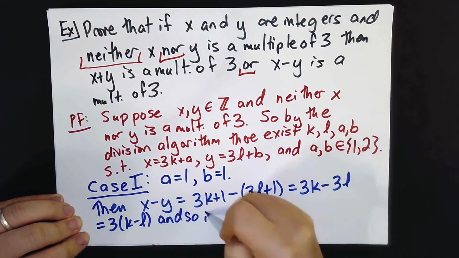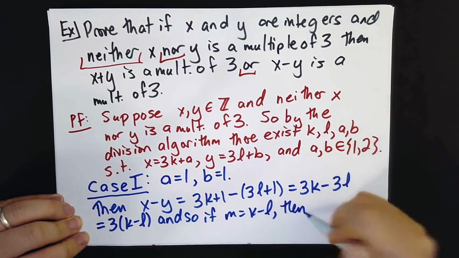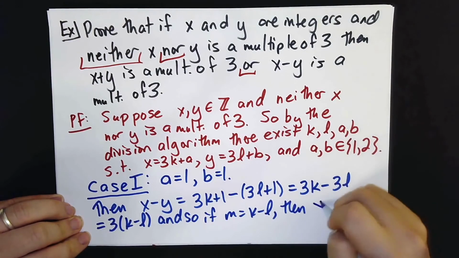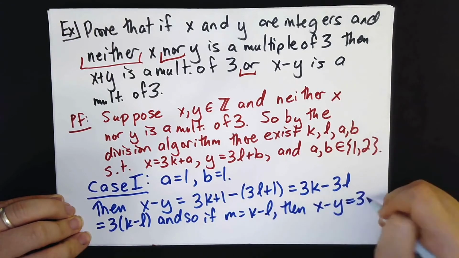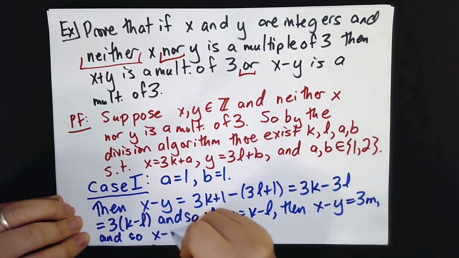And so if m is k minus l, then x minus y is 3m, and so x minus y is a multiple of 3.